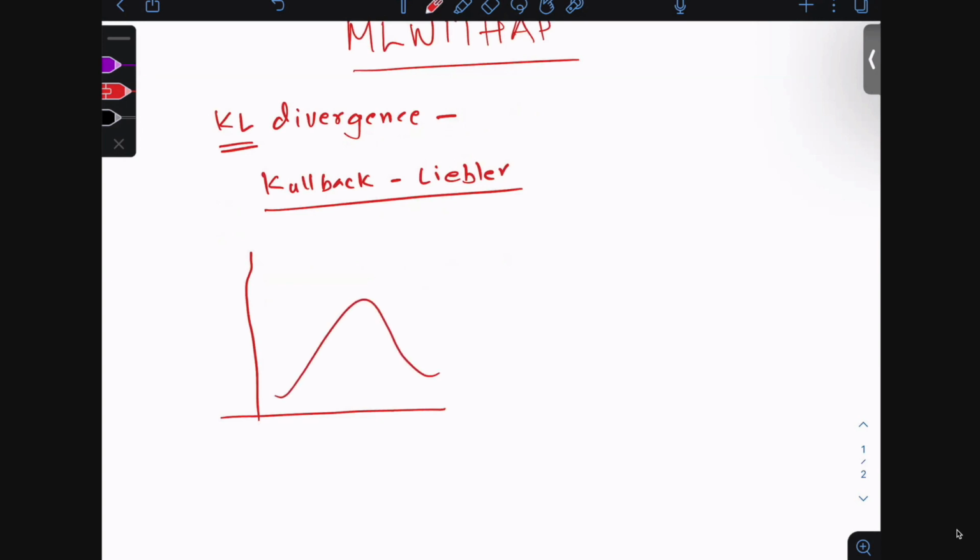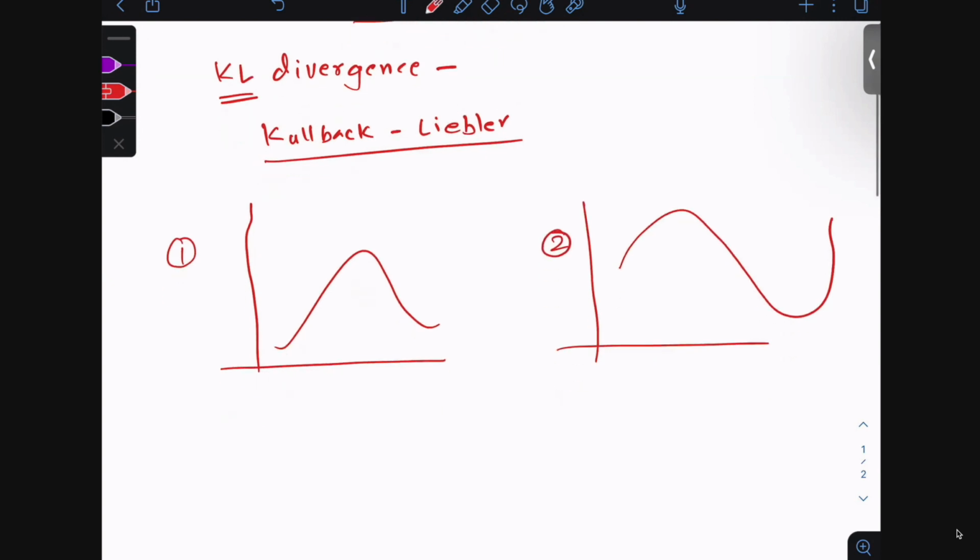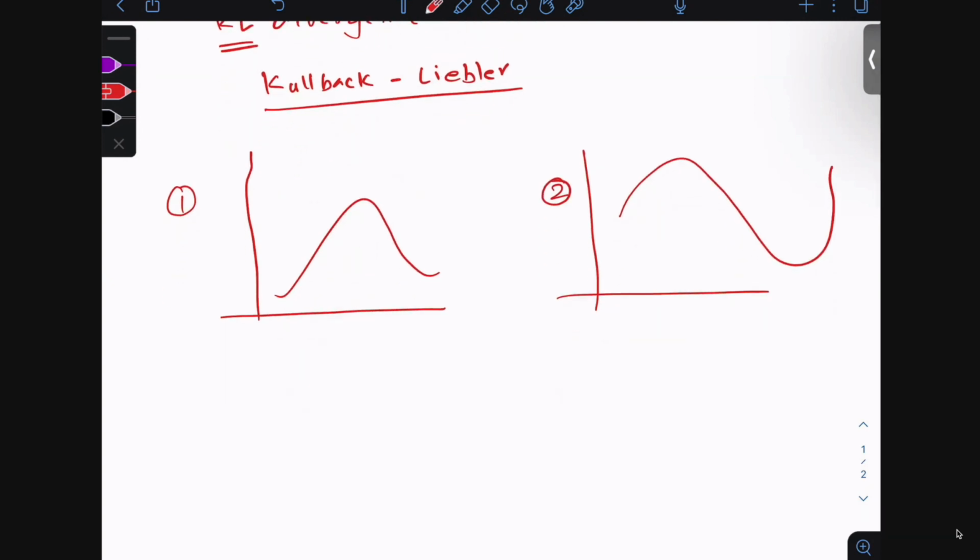Suppose you have two probability densities, and let's say this is probability density 1 and the second density is this, 2. The KL divergence tries to put a number, to quantify how dissimilar or similar these two probability densities are.